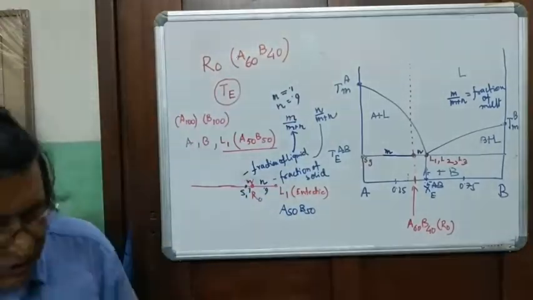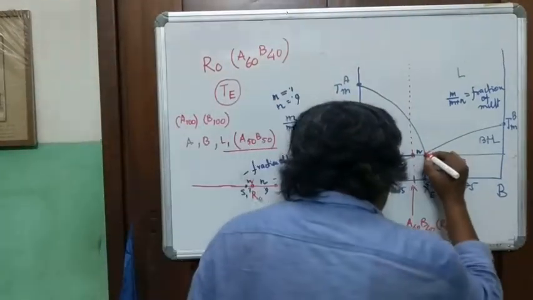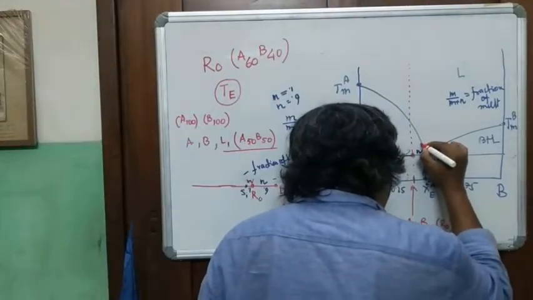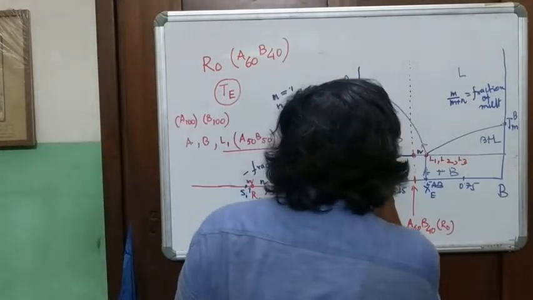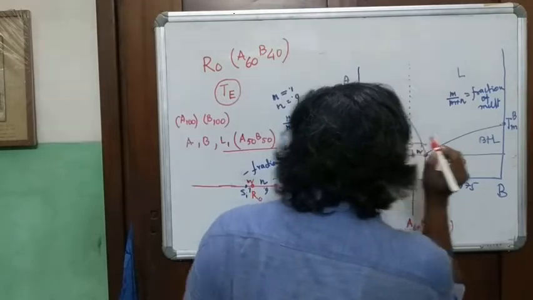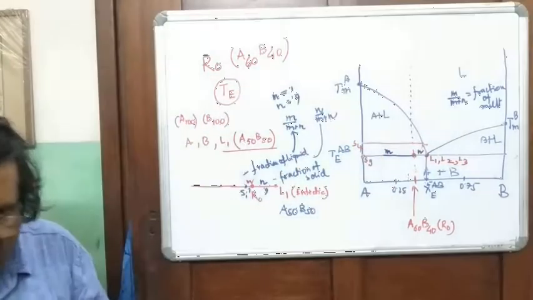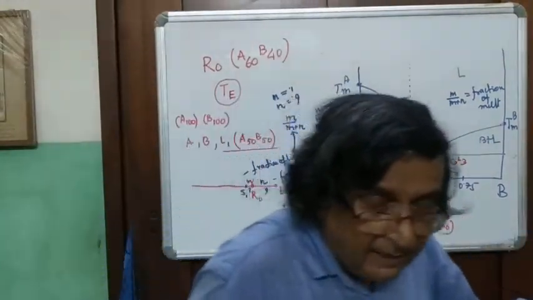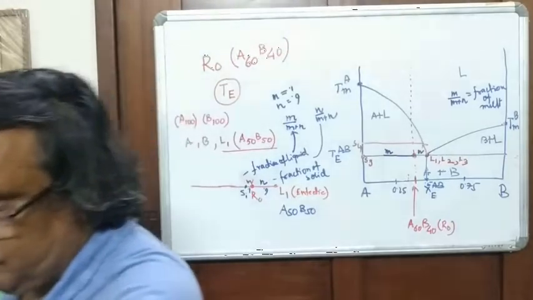So the moment B is exhausted, the liquid will move in this direction. And therefore, immediately you will have S4. Now you will only have A, pure A, in equilibrium with the melt.